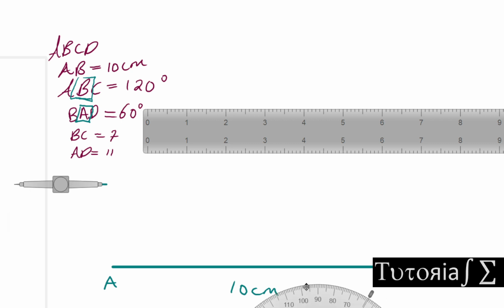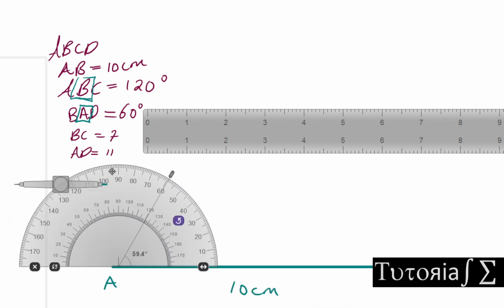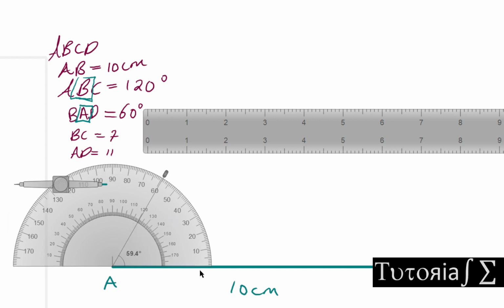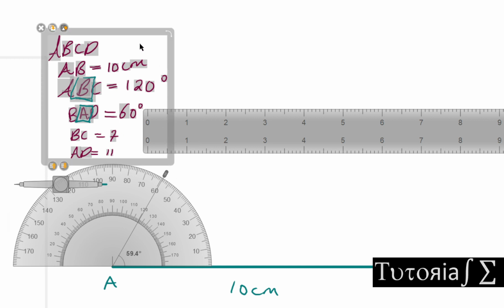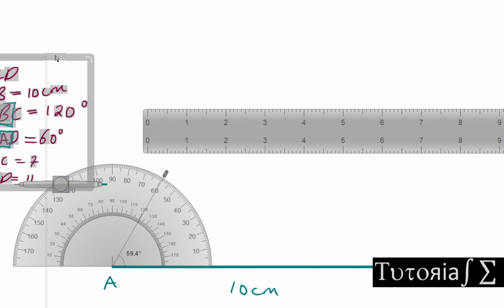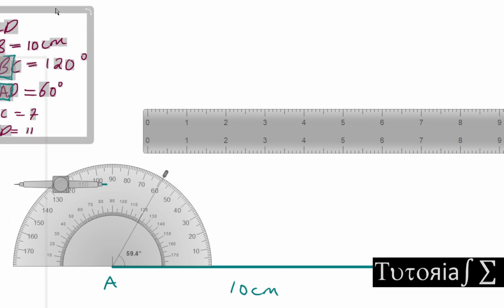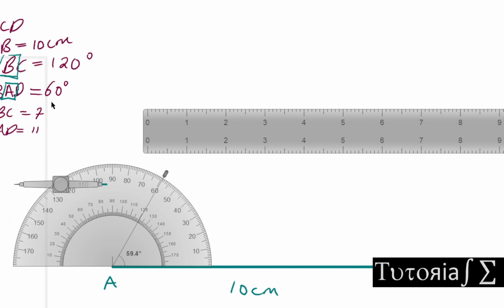Putting our protractor on A, again from the inside, BAD is 60 degrees, using the scale that is outside.